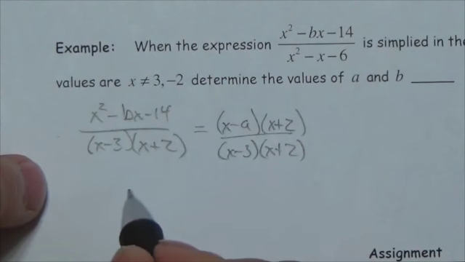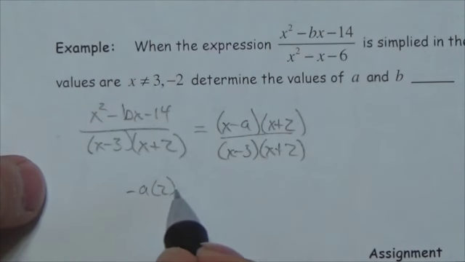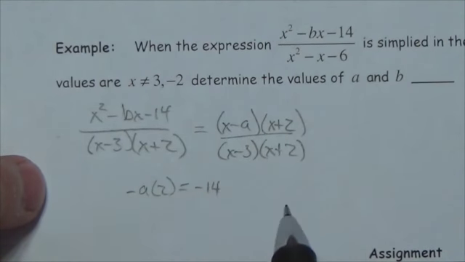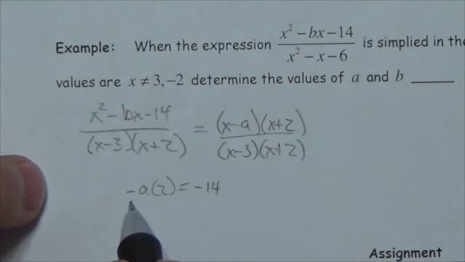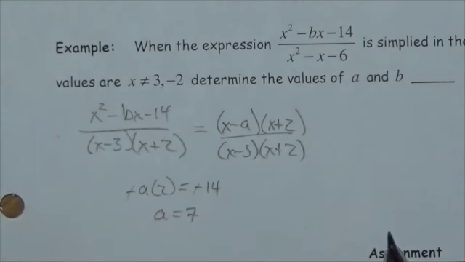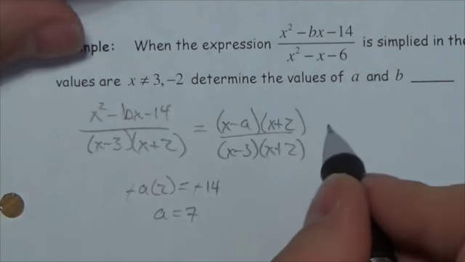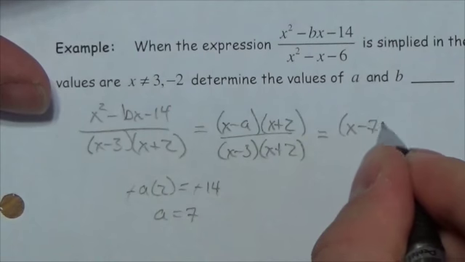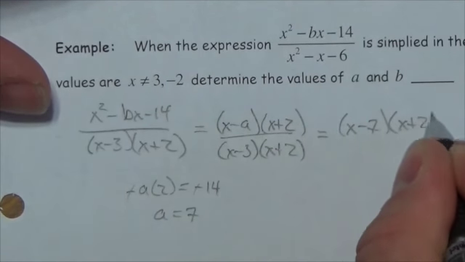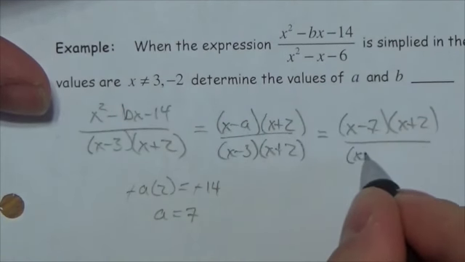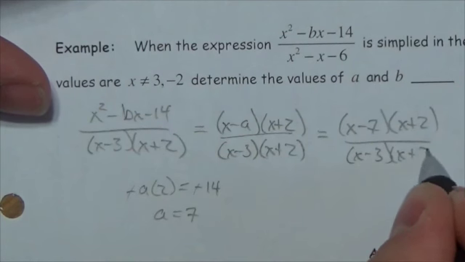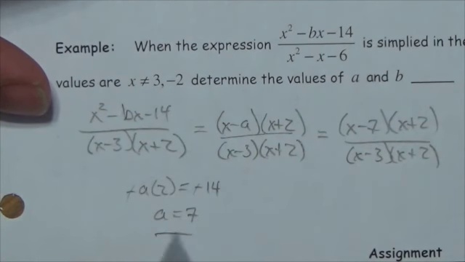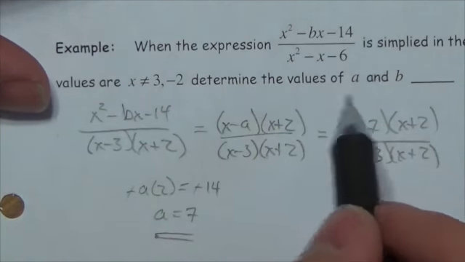So, -a times 2 should be equal to -14. Well, the negatives will cancel, and when I divide, I'm going to get that a is equal to 7. Okay, so this has got to be the same as x minus 7, x plus 2, over x minus 3, x plus 2. So I know right now, good, got it, a must be 7.